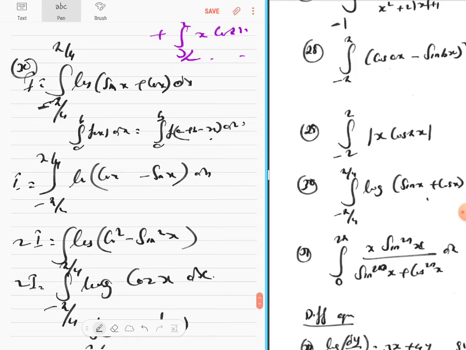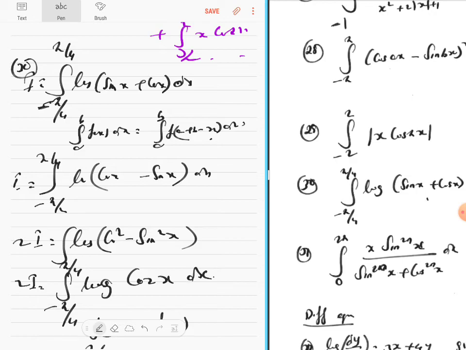Let's check log of sin x plus cos x. I'm just doing a plus b minus x in this. No point in checking whether f of minus x is equal to minus f of x, that is also not happening. f of minus x equal to f of x is also not happening, so I can't write 2 times 0 to pi by 4 immediately. So I'm using this property when I get cos of minus pi by 4 plus pi by 4 minus x.